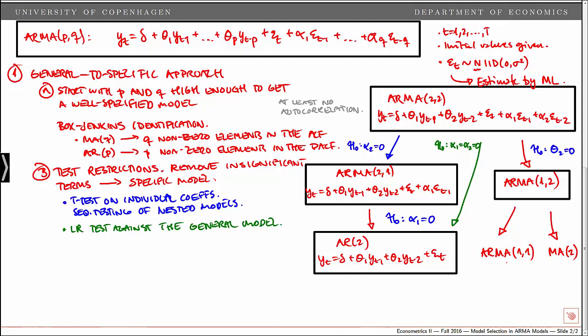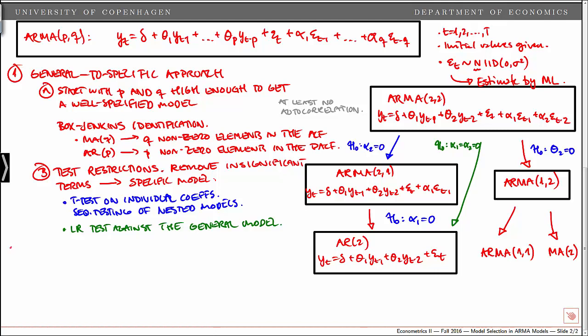So there is a full nesting structure that we have not outlined here, but that just means there are a lot of different paths we could have taken. Depending on where we start, we might end up with different models that are not rejected, which are not nested. So for example here, there's no way we can test the AR2 model against an ARMA 1-2, because we cannot impose a restriction on one of those and get the other model.